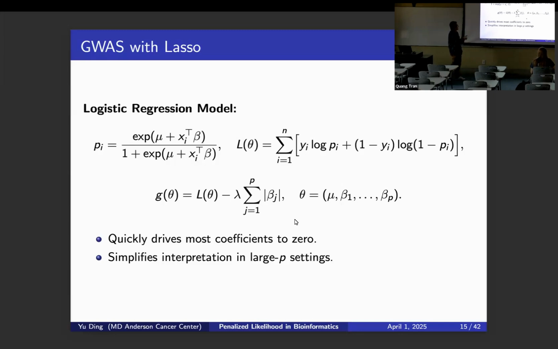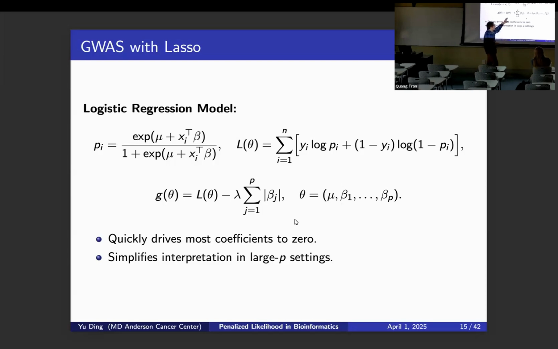Okay, great. Here, theta is denoted as mu plus all of the beta terms, and we are only interested in beta. We only care about the effect coming from x with respect to our final response y. So we do not care how mu behaves here.